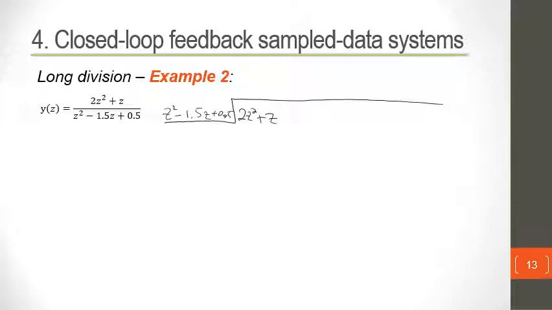We take z squared into 2z squared. That gives you 2.